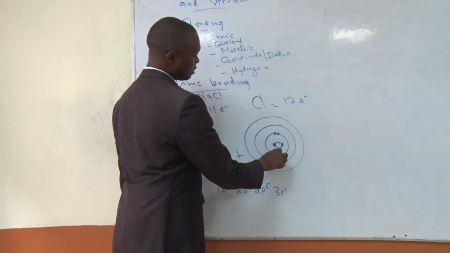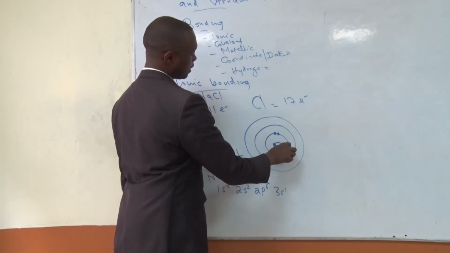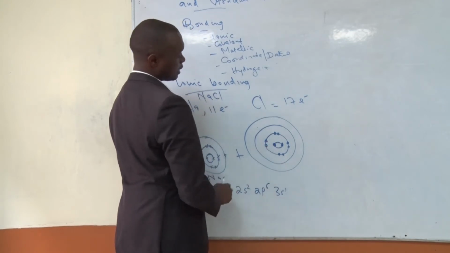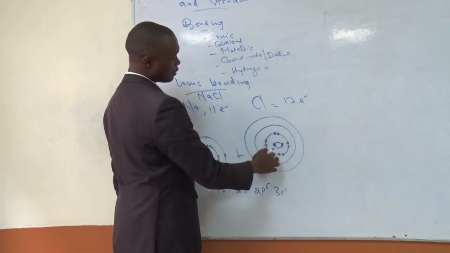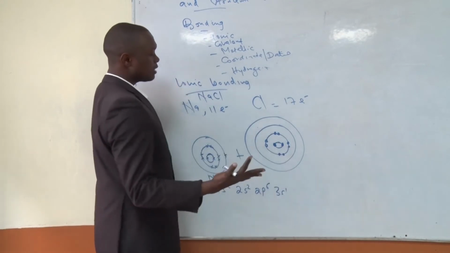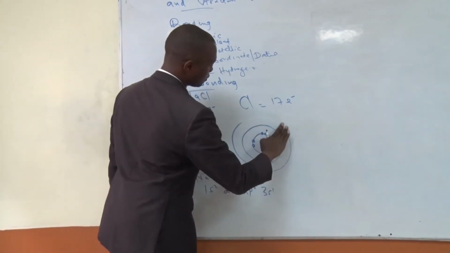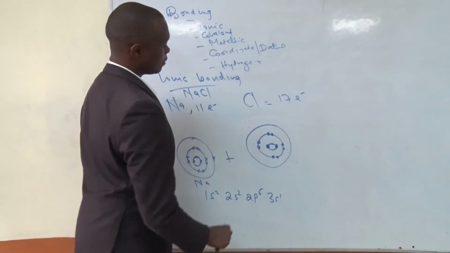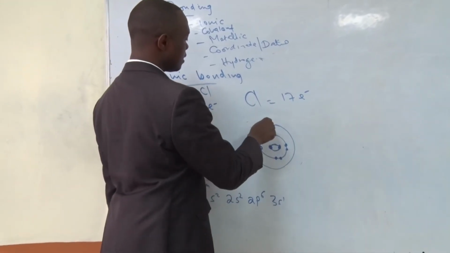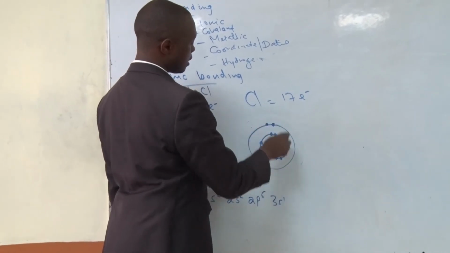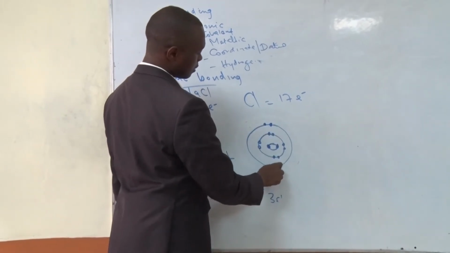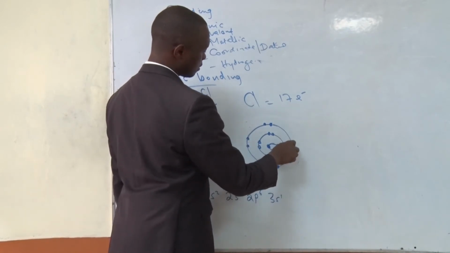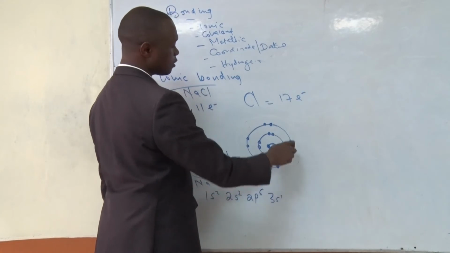The next 8 are the octet, forming the 2s and the 2p. Again, there are 8. 1, 2, 3, 4, 5, 6, 7, 8. Plus that 2, 10, remaining 7. So these ones are 7, and then the remaining 7. 1, 2, 3, 4, 5, 6, 7.